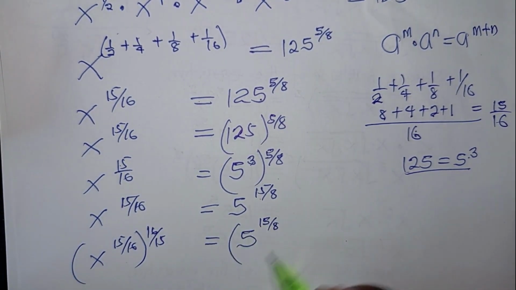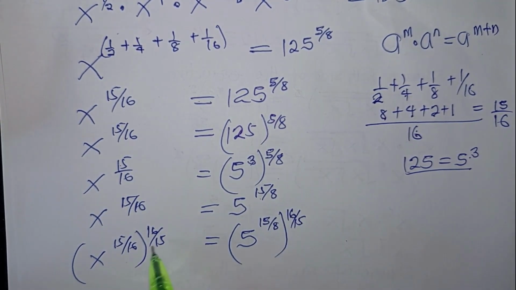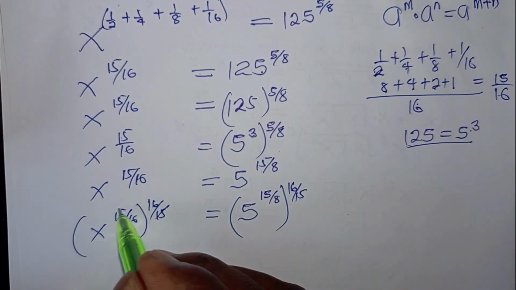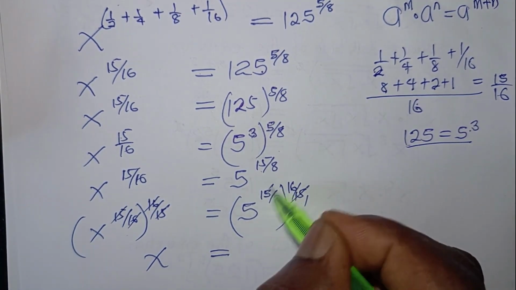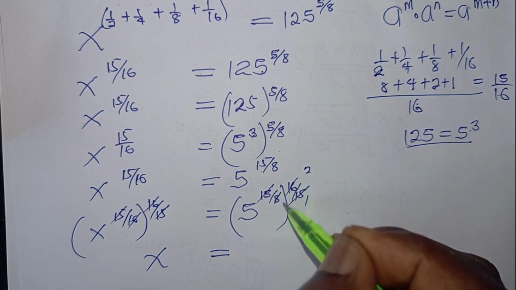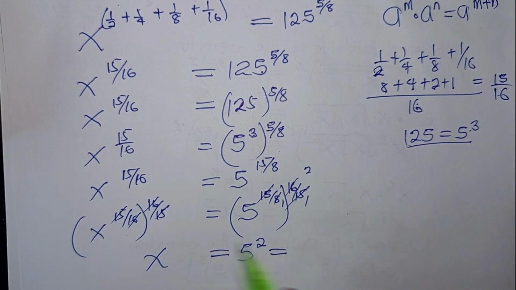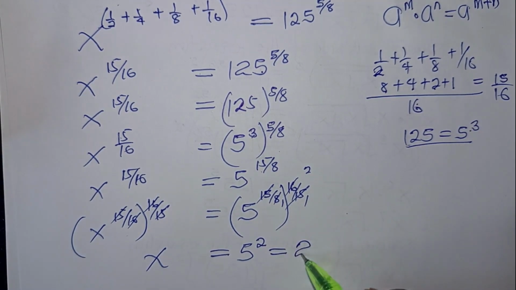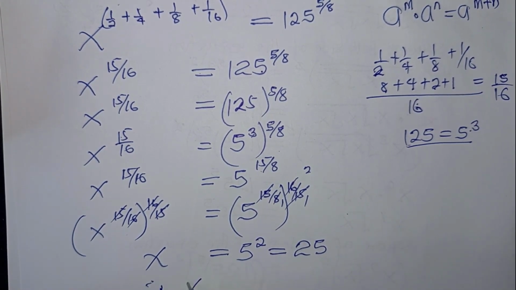Here 15 will cancel 15, 16 will cancel 16, so we're left with x equals 5 to the power, 15 will cancel 15, then 16 over 8 is 2. So we are having 5 to the power 2, and 5 to the power 2 equals 25. So therefore x equals 25.